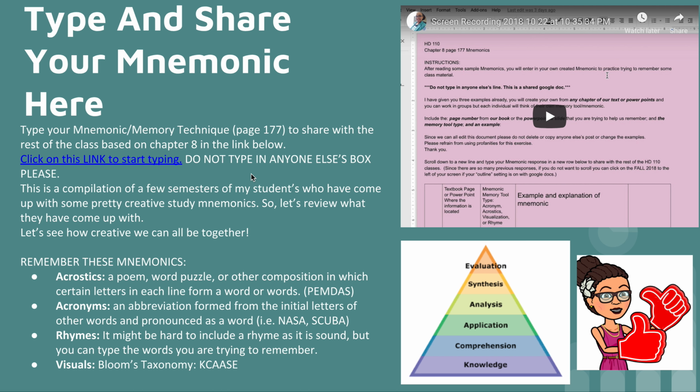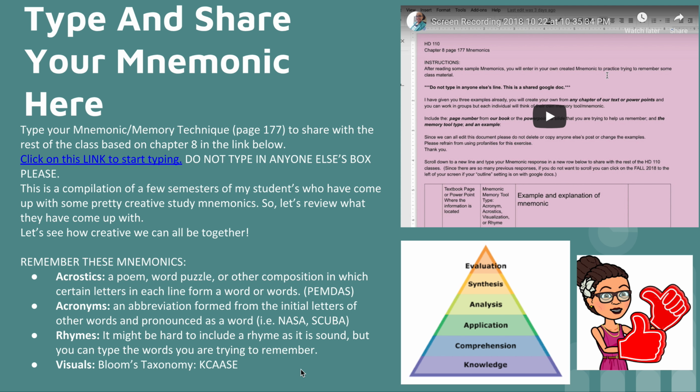So mnemonics are memory tools, things that will help you to remember. What we're going to do is practice making either an acrostic, an acronym, a rhyme, or a visual. This is an example of a visual. It is Bloom's taxonomy, and the little letters there, the KCAASE, stand for the levels of Bloom's taxonomy.